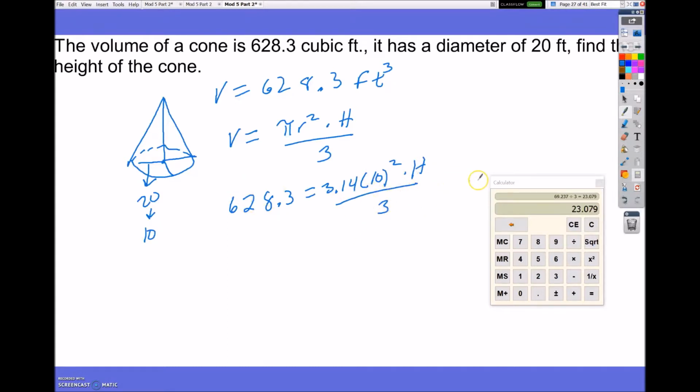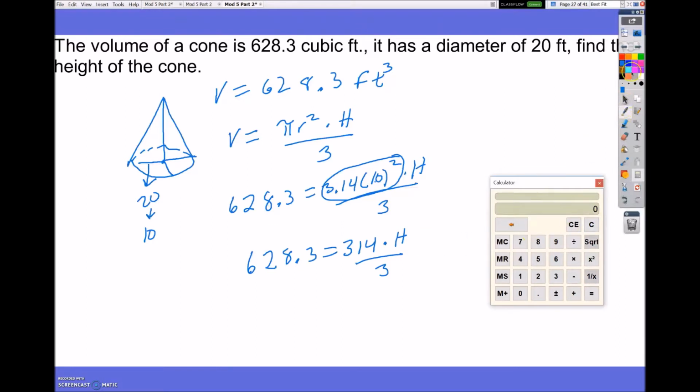My first step would be to multiply 10 to the second power, which is 100, times 3.14, which is 314. So this whole thing simplifies to 628.3 equals 314 times h all over 3.